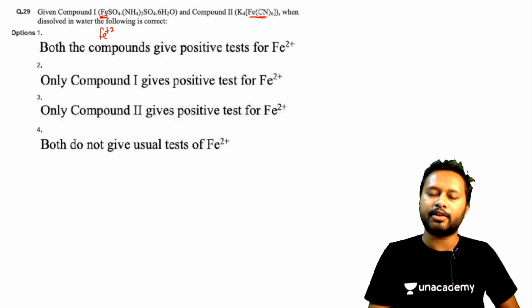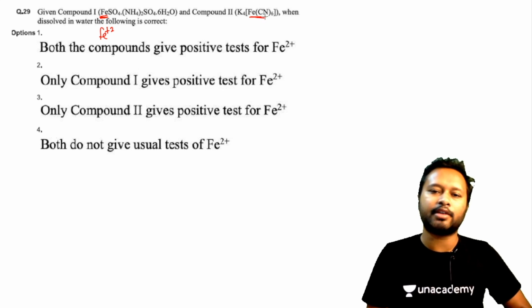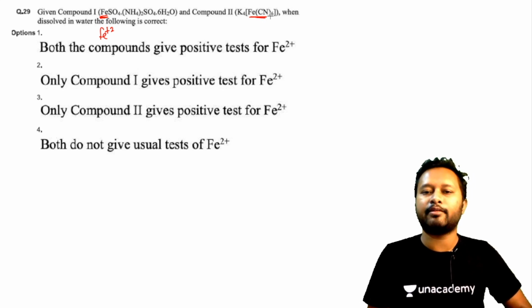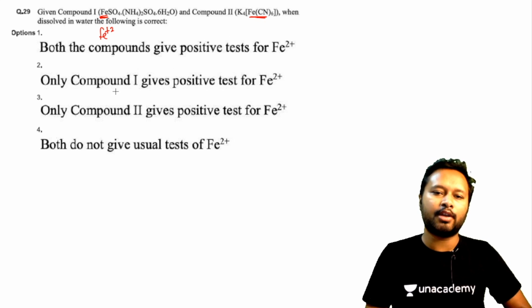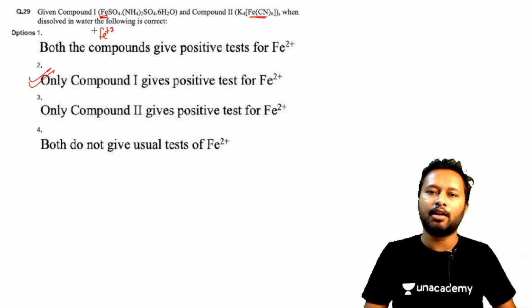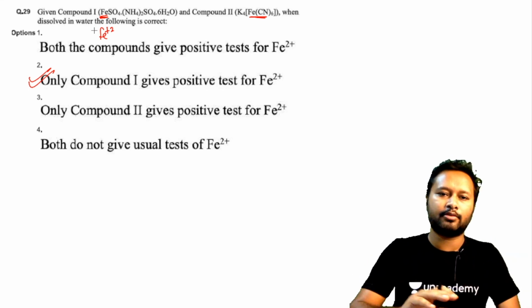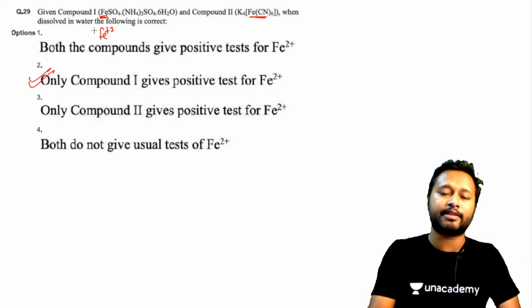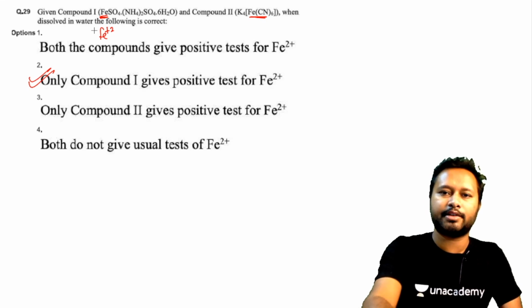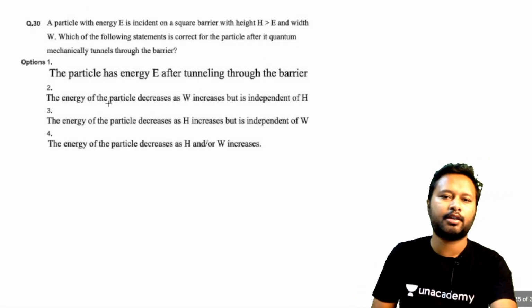These are called coordination compounds, and here it is in the coordination sphere. That's why it will not give you the Fe2+ test. So the only compound that gives you the Fe2+ test is compound 1, because here iron is in the ionic form, not in the coordination form. All right, so this was just from class 12th basics of coordination chemistry. All right, let's take the next question.